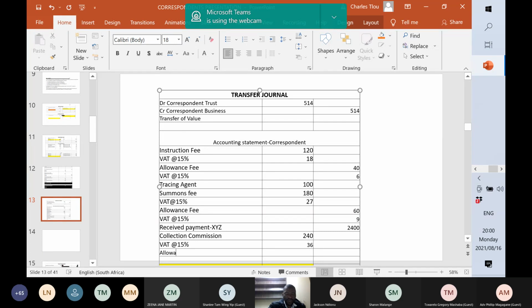Therefore, allowance fee, and it's a credit side. How much is the allowance of 240? 80. Correct. And then how much is the VAT of 80? 12 rand, correct.